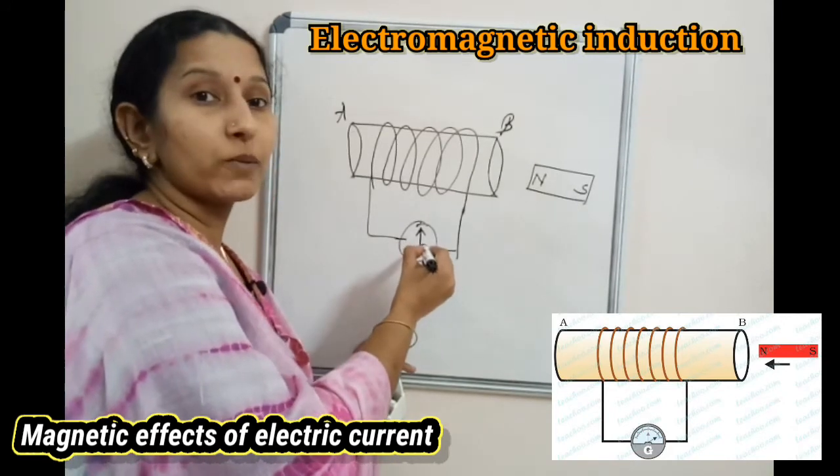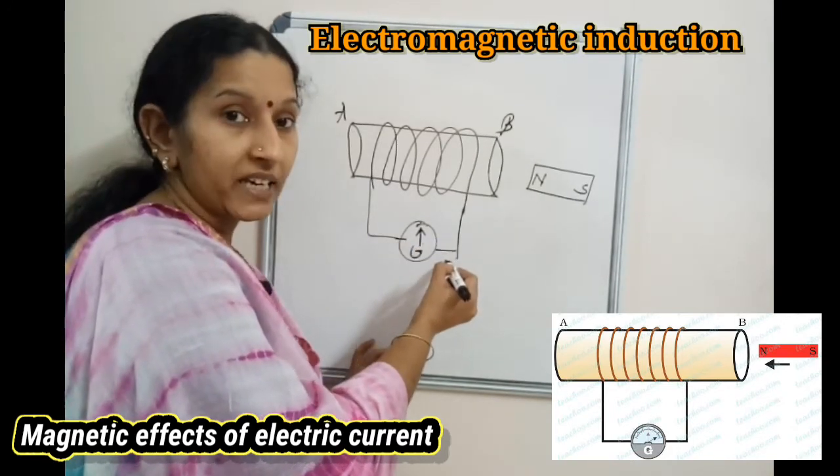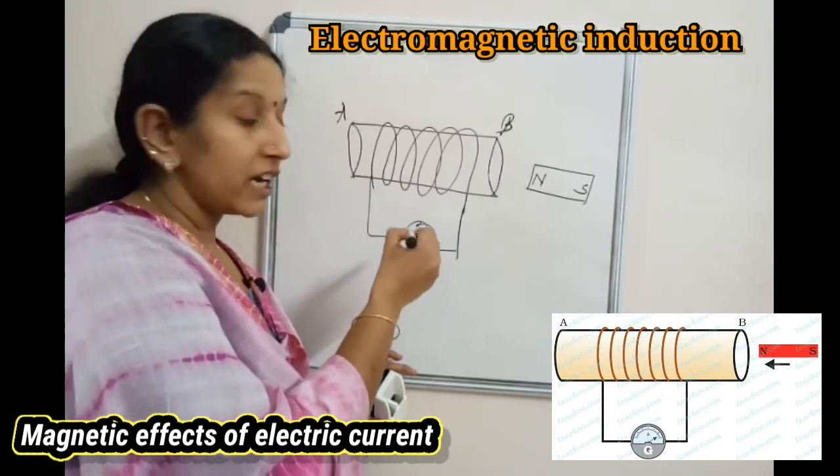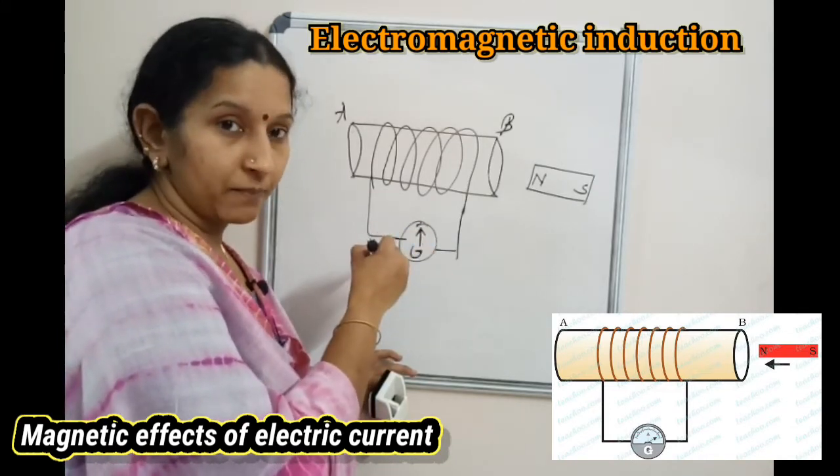If we show the north pole, deflection towards right. If we take the north pole of the magnet away from the coil, deflection towards the left side.